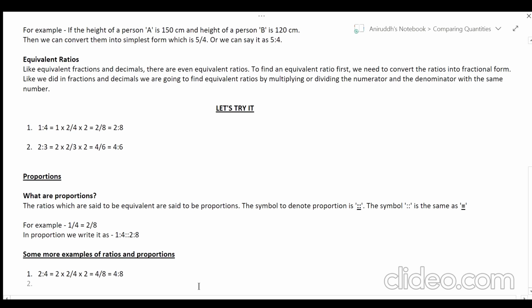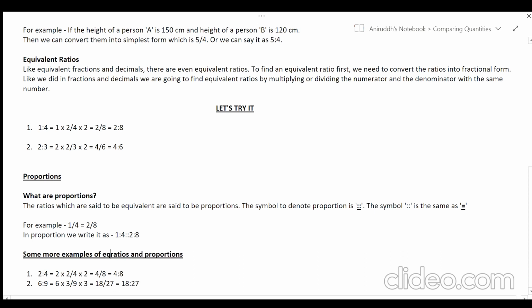One more example, 6 is to 9. This we will multiply with 3. 6 into 3 by 9 into 3 will give 18 by 27. In ratio we write it as 18 is to 27.